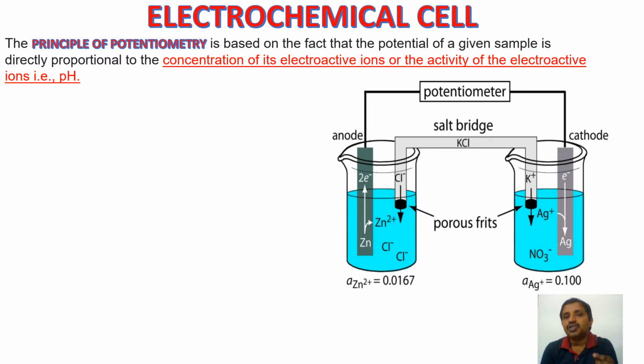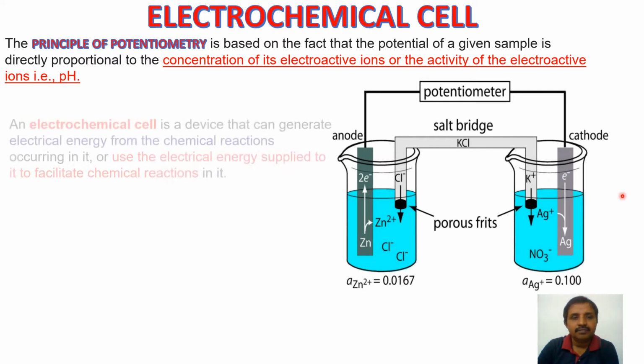As the concentration of electroactive ions increases, the potential also increases. As the concentration decreases, the potential also decreases. Or it is directly proportional to the activity of electroactive ions. That is pH.